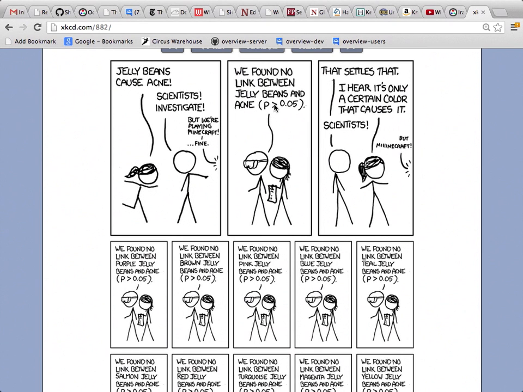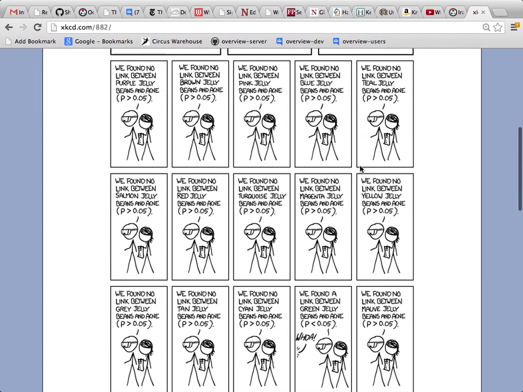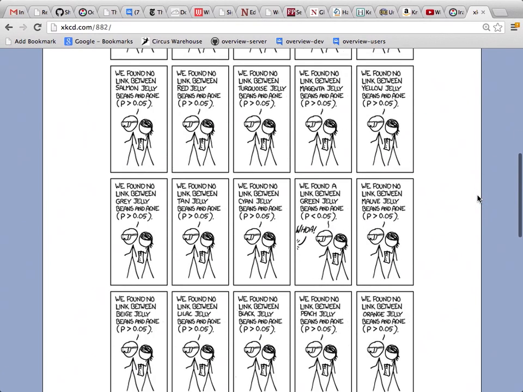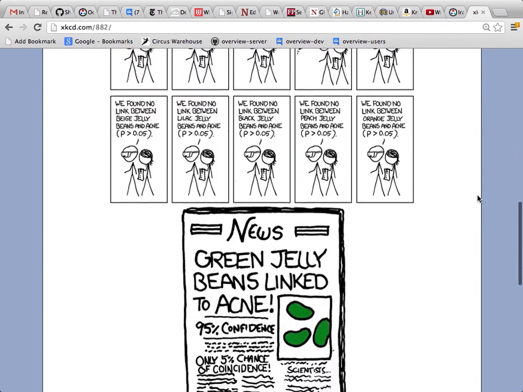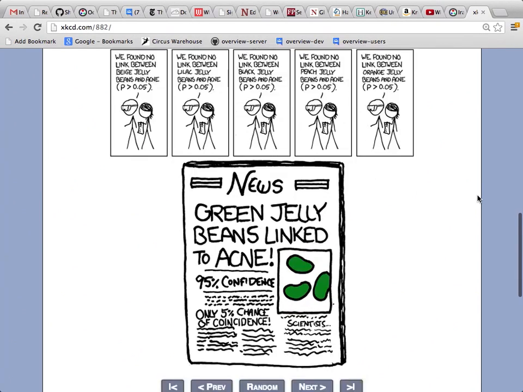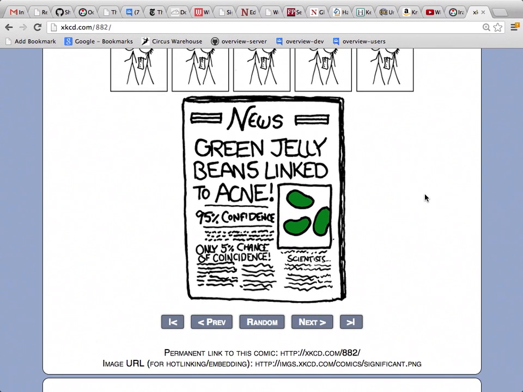No, we found no link between jelly beans and acne, p smaller than 0.05. So they did the experiment, and the answer is no. But then somebody says, oh, but it's a particular color that causes acne. So they test all the colors. Purple jelly beans, no. Brown jelly beans, no. Red jelly beans, no. But if you count, there's 20 of these. Green jelly beans: 95% confidence, only a 5% chance of coincidence.